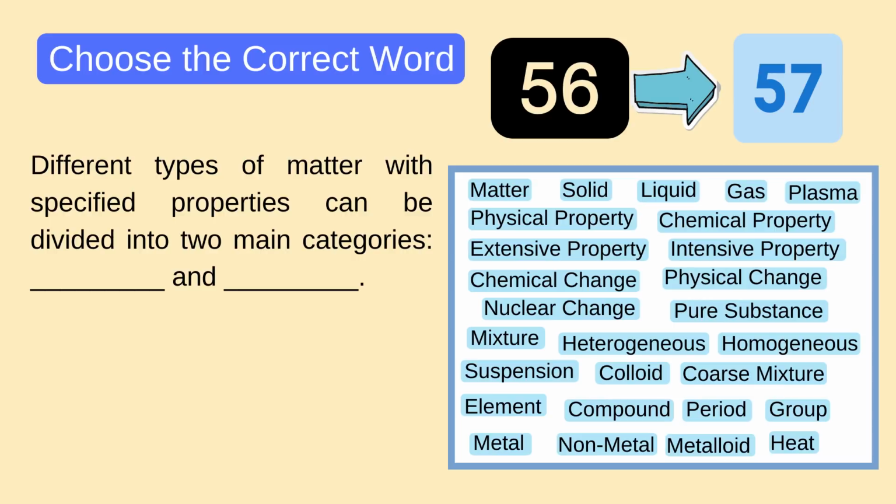Different types of matter with specified properties can be divided into two main categories: blank and blank.